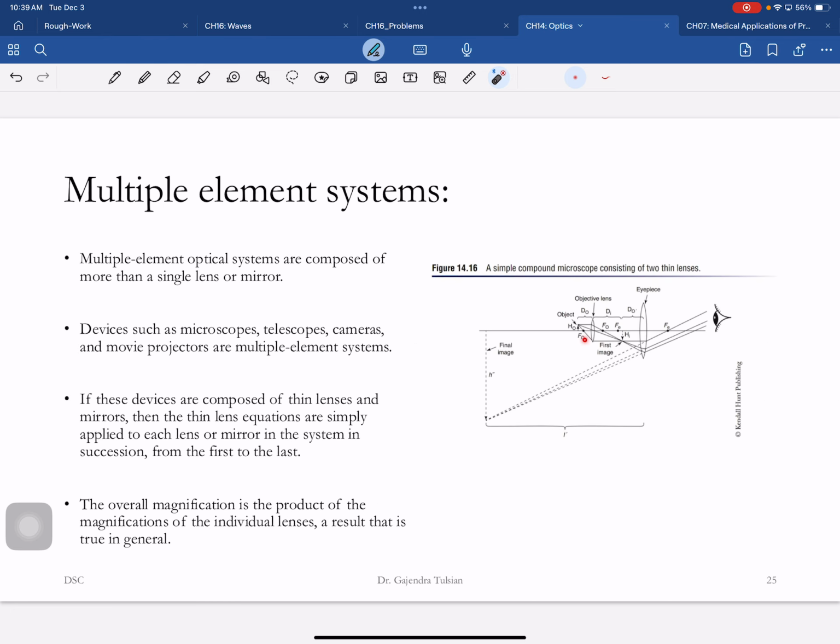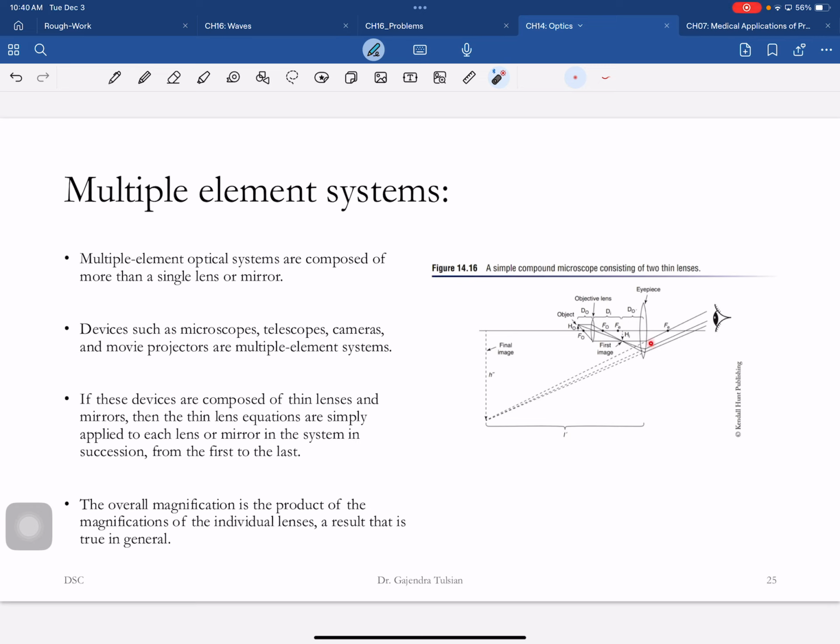Okay. So here's a microscope. It's using two convex lenses. Here's the slide that is placed behind the objective. The objective lens makes an image of the slide over here, and you see this image is inside the focal length of the eyepiece, and that will form an enlarged virtual image.